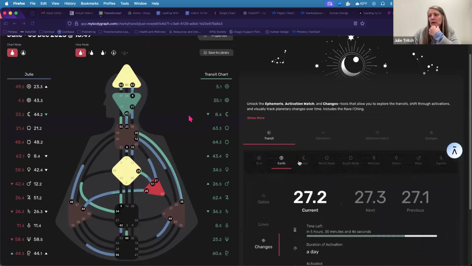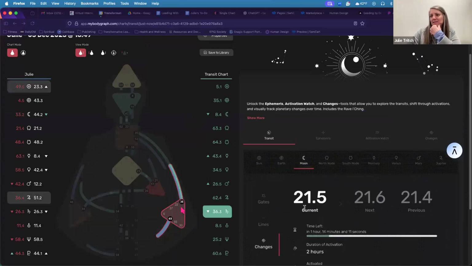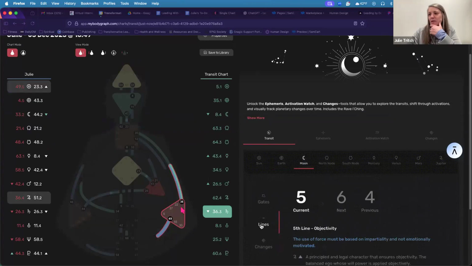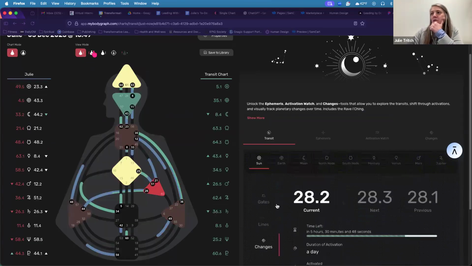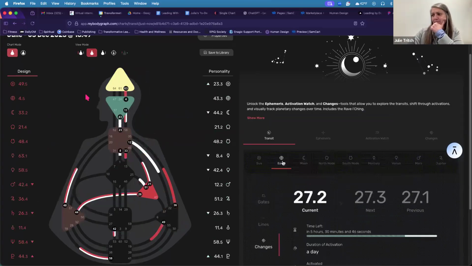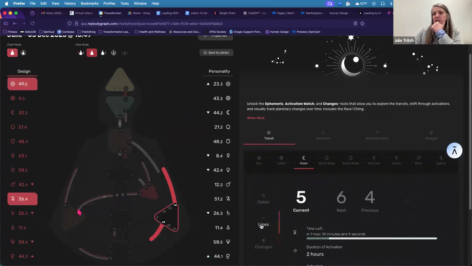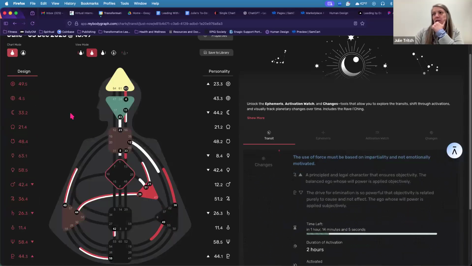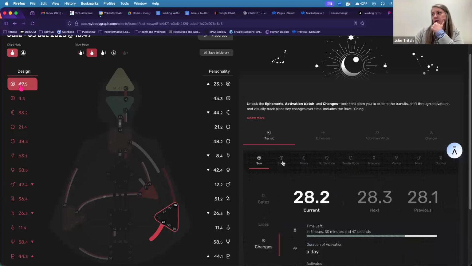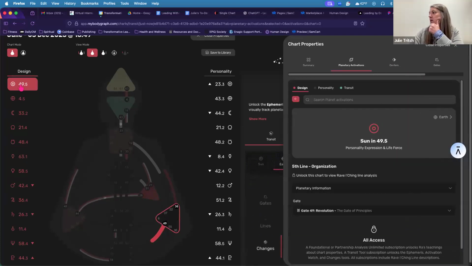So again, if we click here, I was actually looking at this earlier today. If I go back to my birth chart, we've got Jupiter right here, and this should be the sun right here.